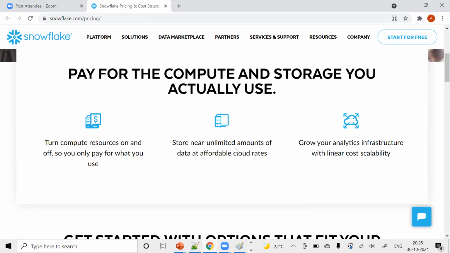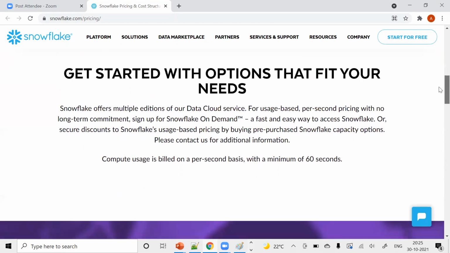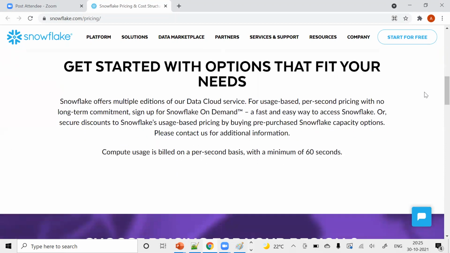Store near unlimited amounts of data at affordable cloud rates. Grow your analytics infrastructure with linear cost scalability. Let's come down. See, here also it says compute usage is billed on per second basis with a minimum of 60 seconds.